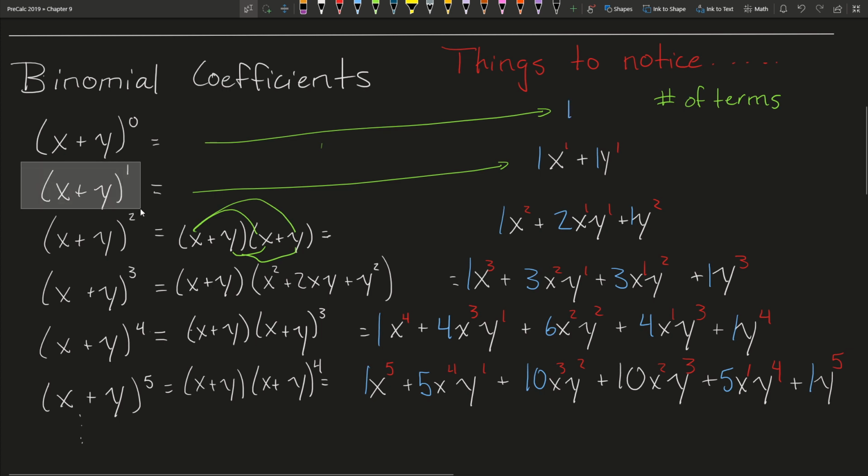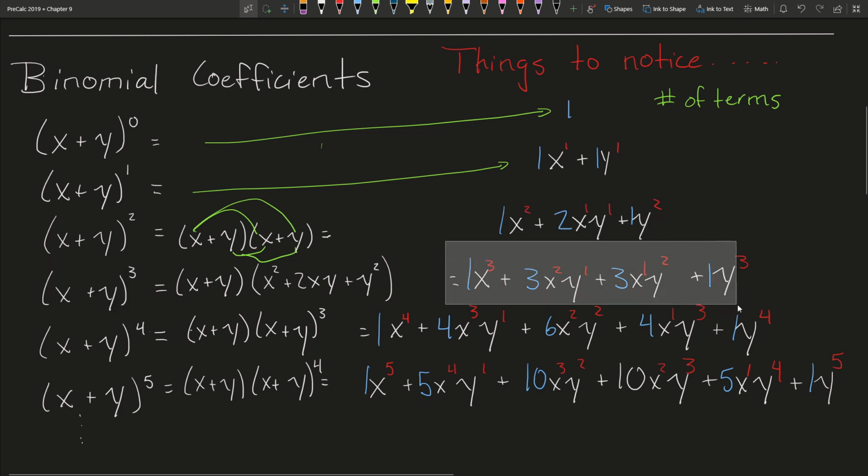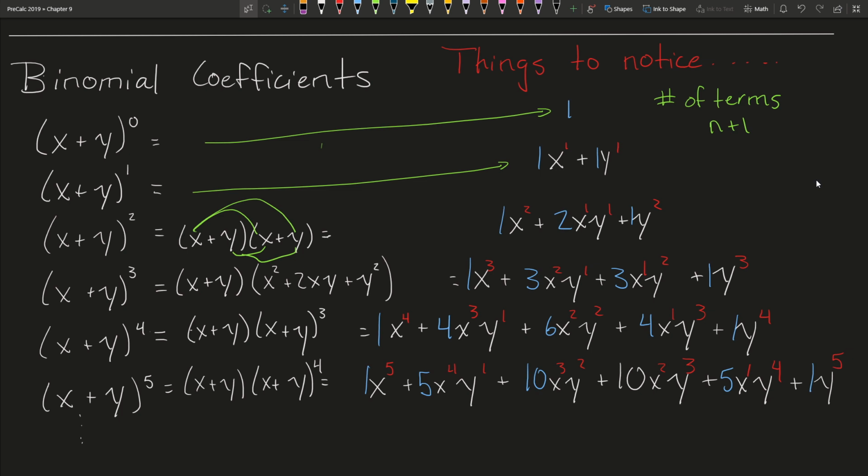On x plus y to the first, the exponent is 1, and on the right, there are 2 terms. X plus y to the second, the exponent is 2, and there are 3 terms. X plus y cubed, the exponent is 3, and there are 4 terms. So there's always going to be n plus 1 terms, where n is the exponent.